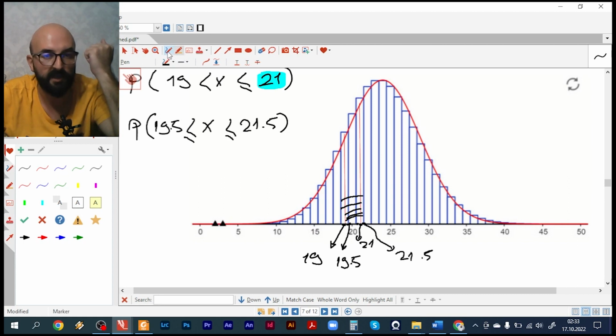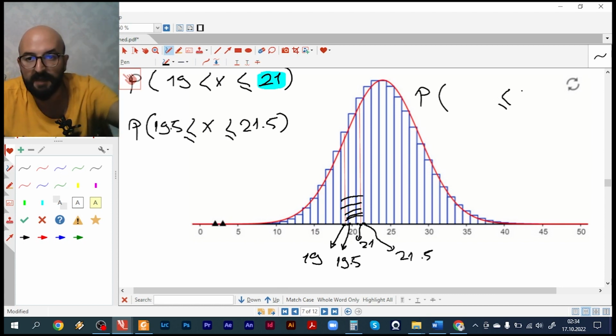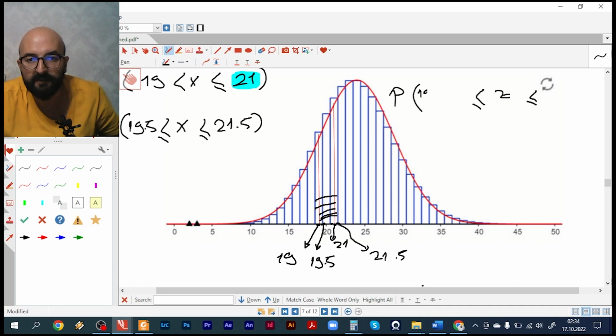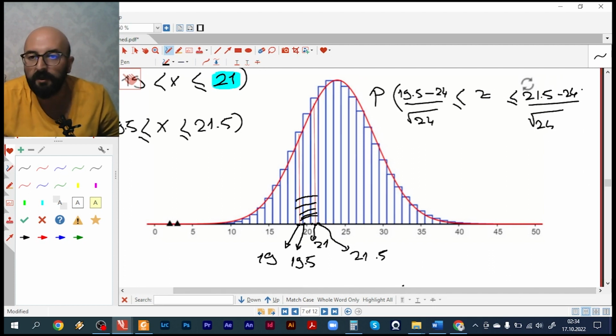So the second step, we should make the continuity correction. Also we should convert to z values, and it means the probability of z greater than or equal to (19.5 minus lambda) over the square root of lambda, which is the standard deviation, and less than (21.5 minus lambda) over the square root of 24, the standard deviation.